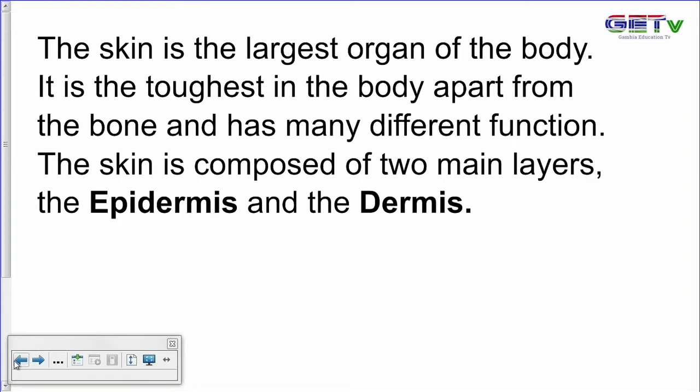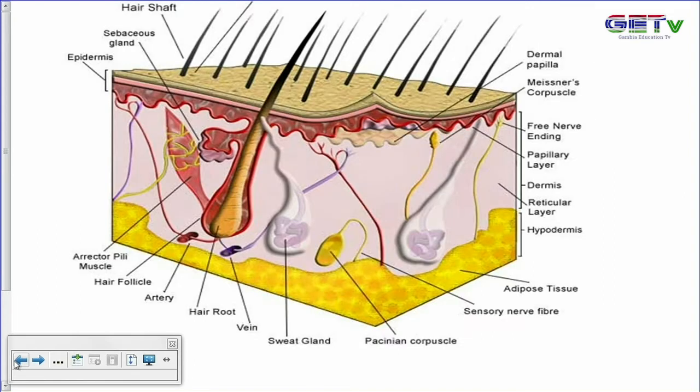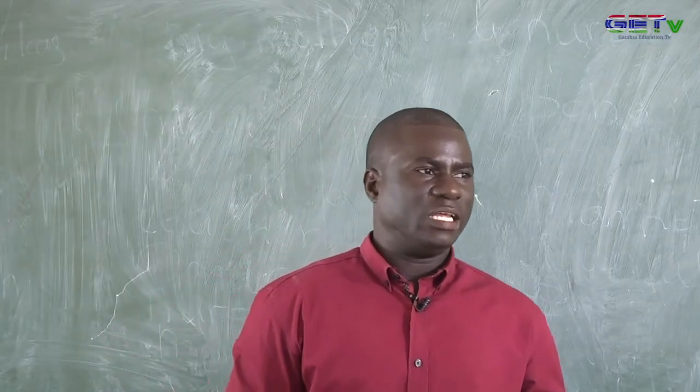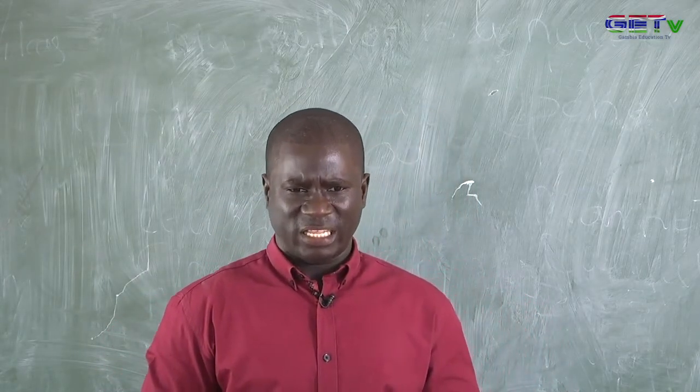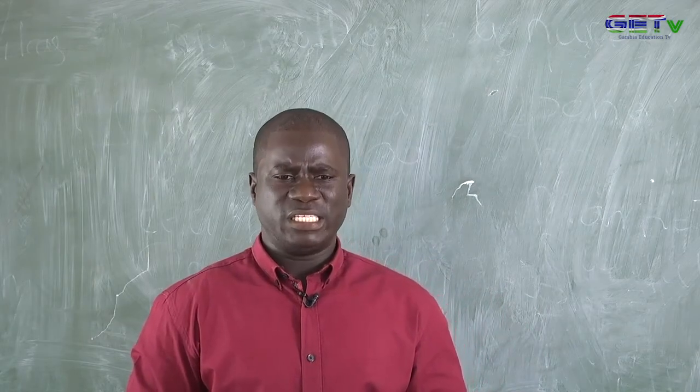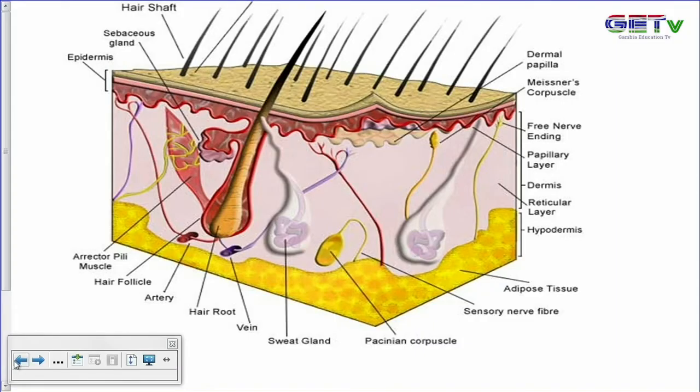But when you come to the structure of the skin, we will see these different layers. So here, what can we see? Okay, we are seeing the structure of the skin. And if we look at this side here, we are seeing the epidermis, and this epidermis shows the layers, okay?